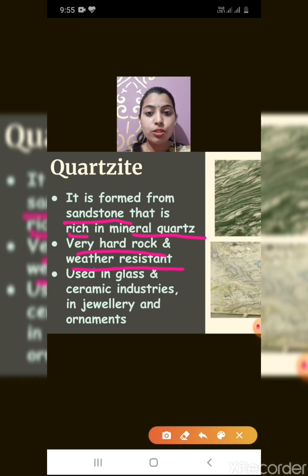It is used in glass and ceramic industries, and in making jewelry and ornaments.